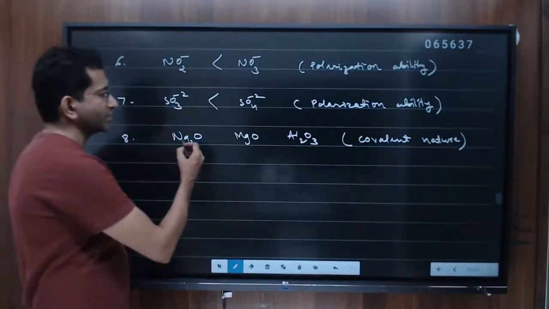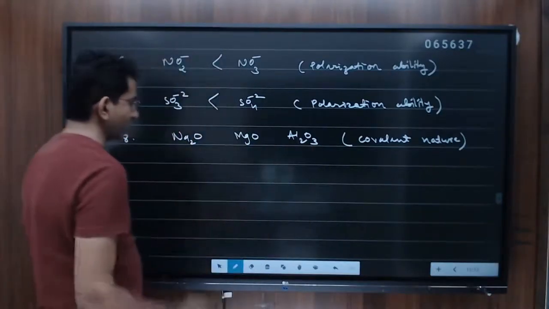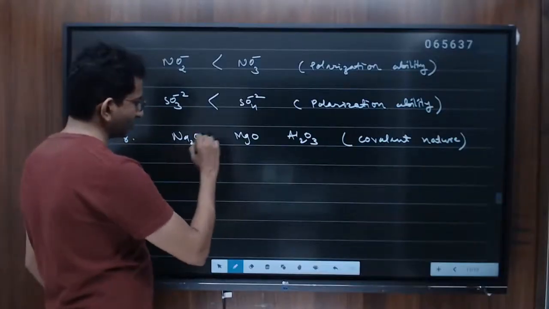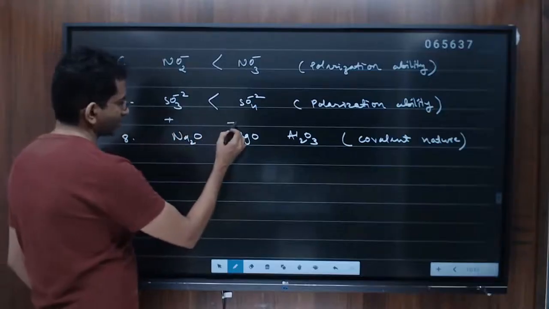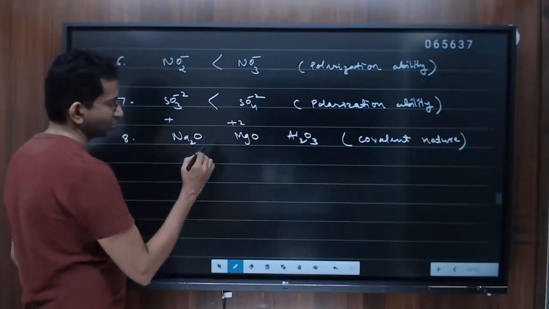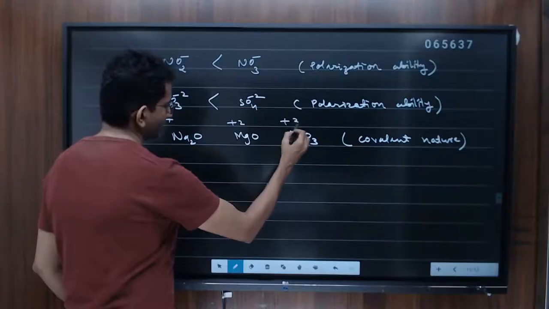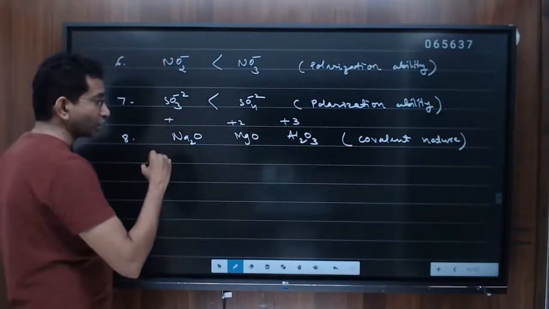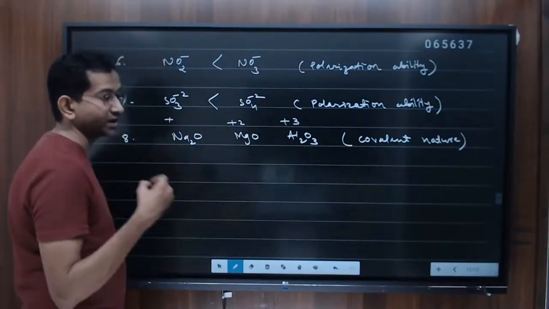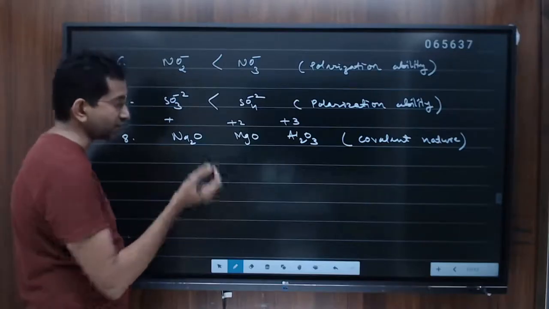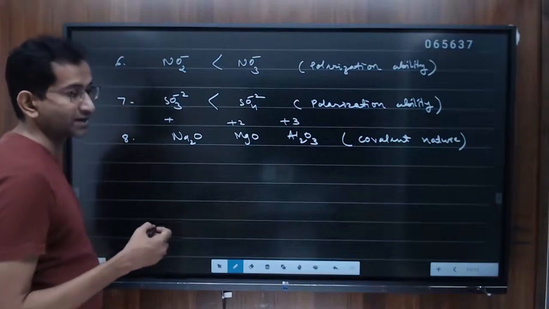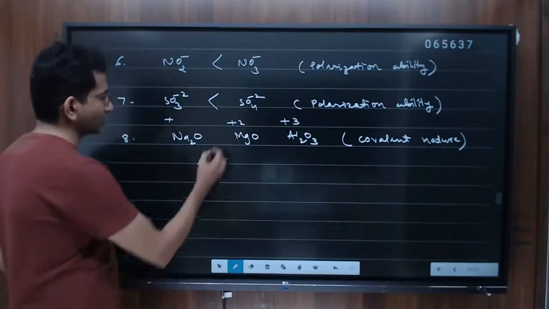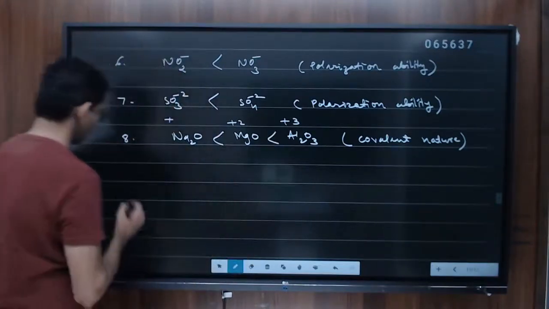So in all of these O minus 2 remains same, while going from these Na2O, MgO, Al2O3, sodium has 1 unit positive charge, magnesium has 2 unit positive charge, aluminium has 3 unit positive charge. So not only charge increases, the size also decreases going from left to right. So going from left to right, polarizing capability increases, so it will be like this.